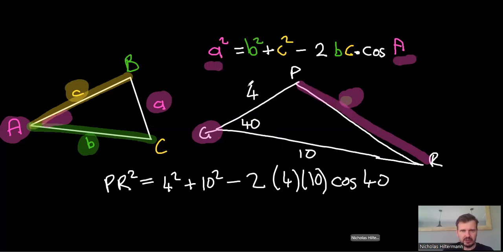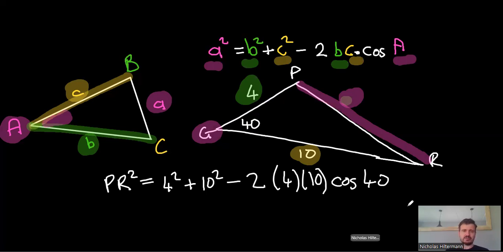Then that's the B, so that'll be there and there. And that's the C, there and there. And so you can just plug them all into the formula. But I prefer to think of it visually.